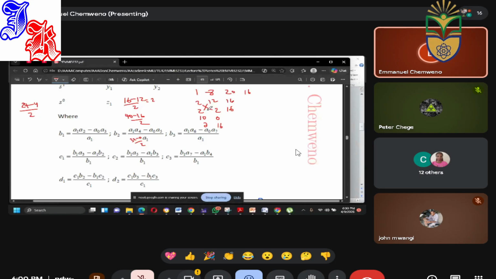And then 32 minus 32, which is a 0. Okay. Next now is 20 minus 0 over 10, which is a 2. Then 160 minus 0 over 10 is a 16. Finally is 0 minus 160 over 2, which should be 80.